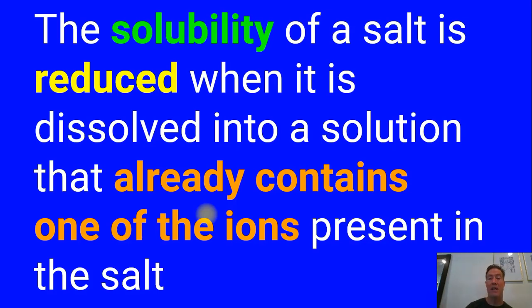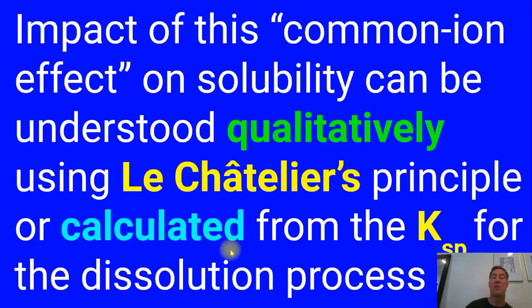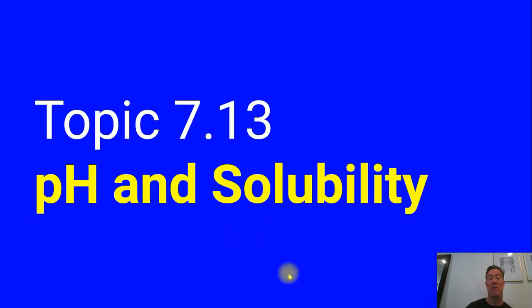So less salt will dissolve if one of its dissolved ions is already present in the solution. This is known as the common ion effect. We can understand it qualitatively through Le Chatelier's principle, or we can calculate it from the KSP of the dissolution process.